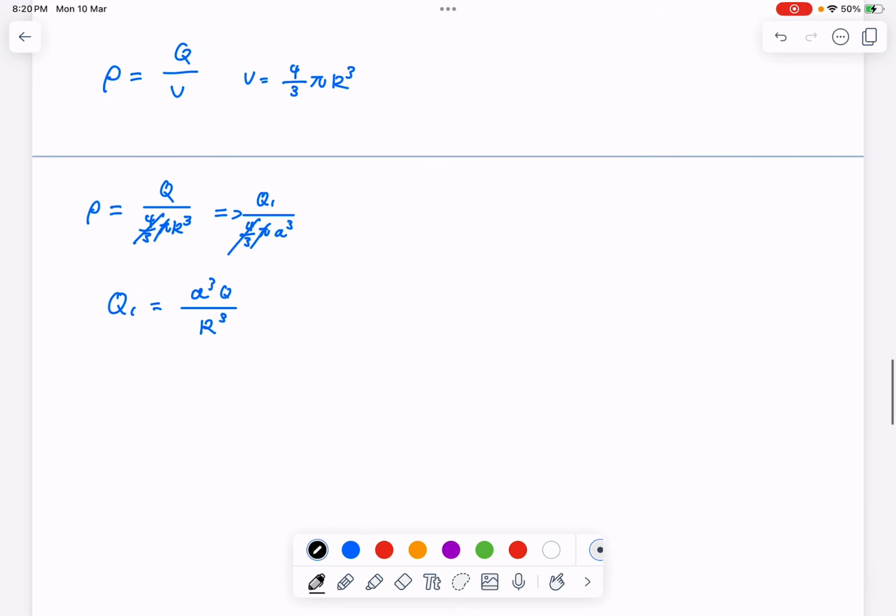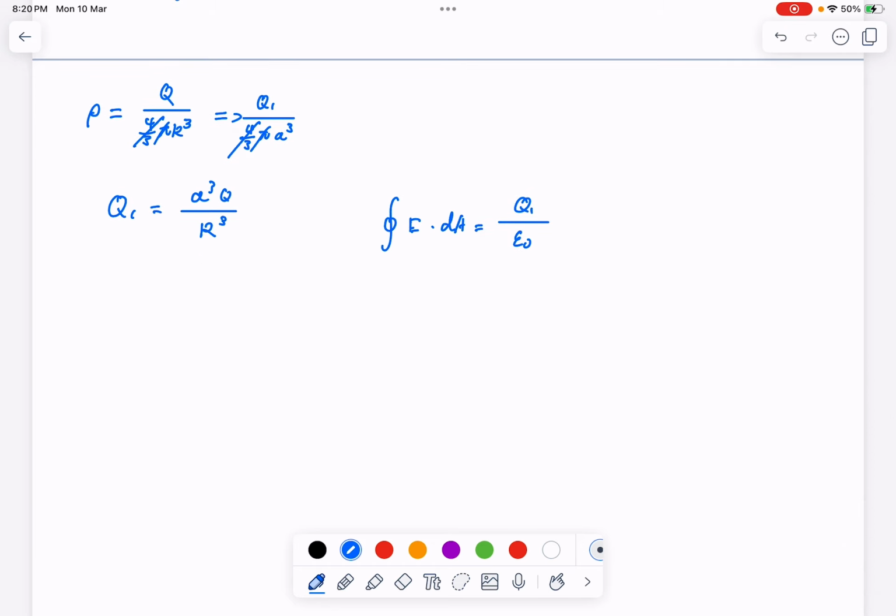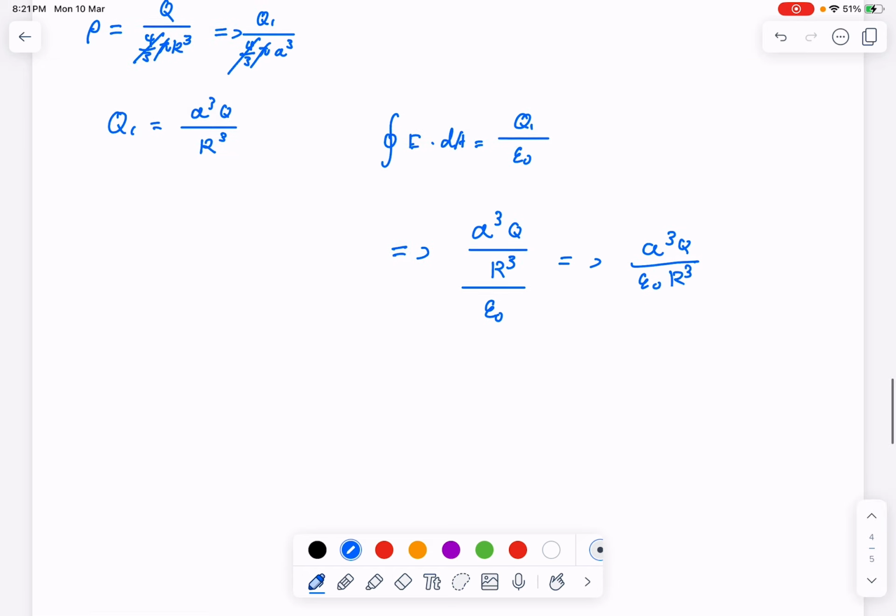So essentially, E dot dA again, and it's basically Q1 over epsilon naught, which is A to the third Q over R cubed, divided by epsilon naught. And this will get you, for the flux, A cubed Q divided by epsilon naught times R to the third.